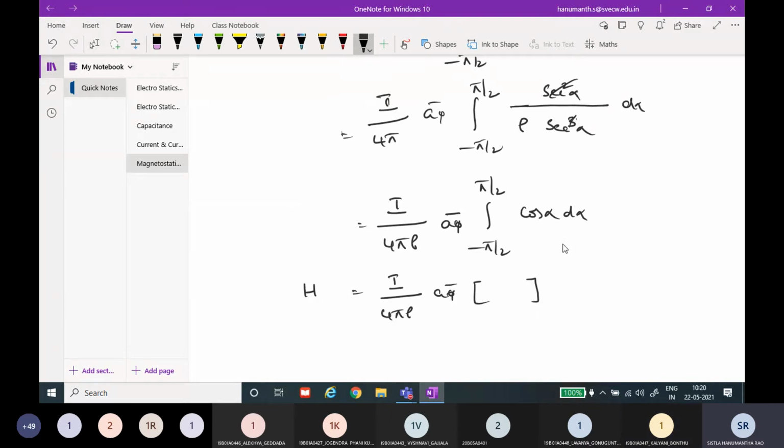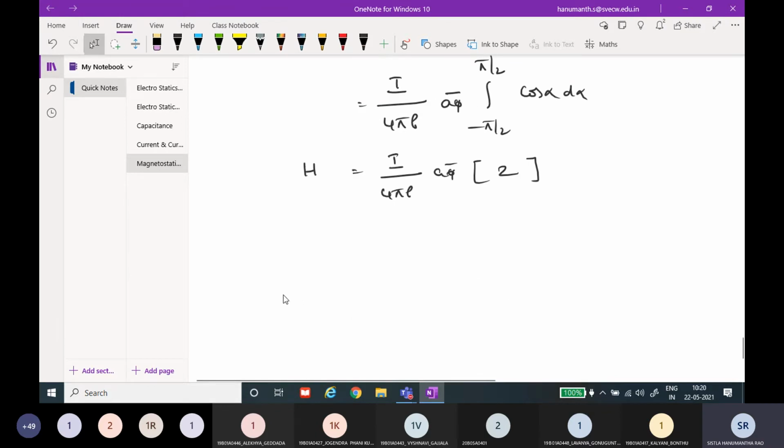Sin pi by 2 minus sin of minus pi by 2 gives 2 overall. So the final solution is H equivalent to I by 4 times 2, which is I by 2 pi rho a phi bar.